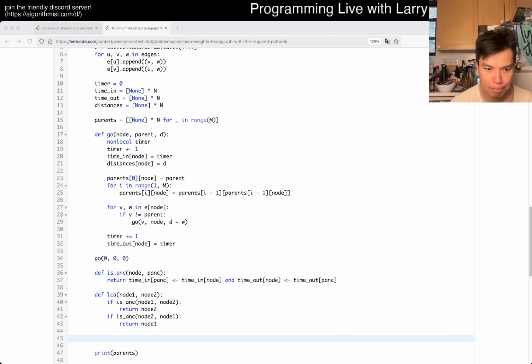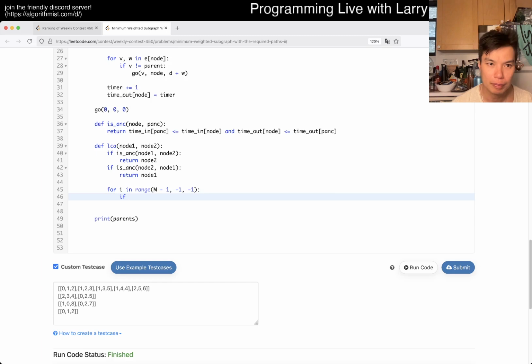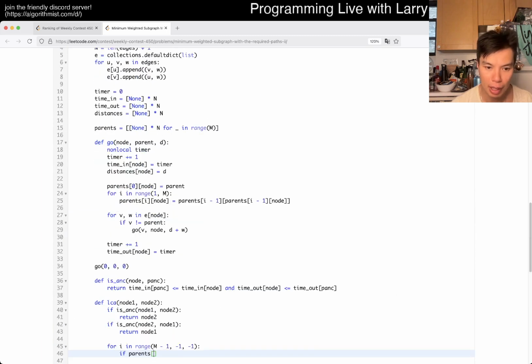Okay, so then now we, for I in range from m minus 1 minus 1 to 3, right? So then now we go, okay, if parent sub I of, is it node 1? This doesn't really matter, right? Node 1, if something like this, what does that mean?